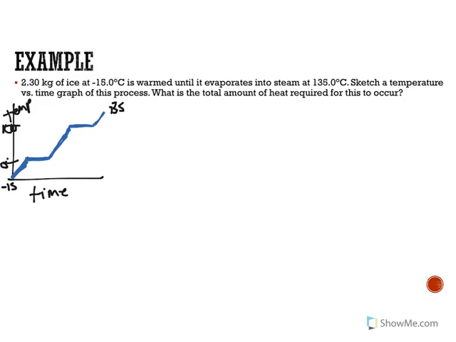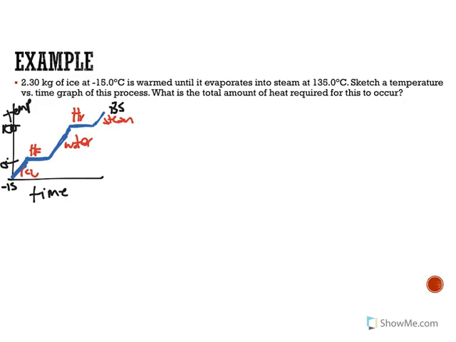So if we remember, our first phase change is melting, so we need to use our heat of fusion value. We have our heat of vaporization value we're going to need to use for our second phase change. We have our substances: ice in our first section, water in our second section, and steam in our third section.